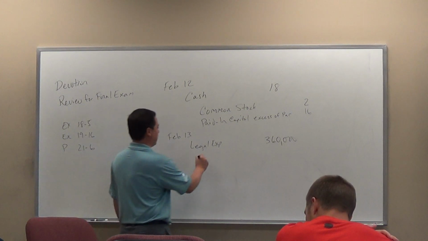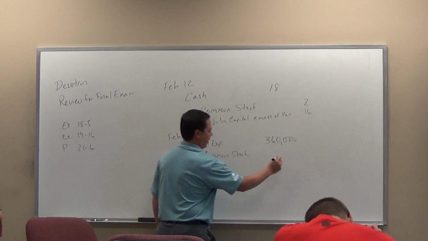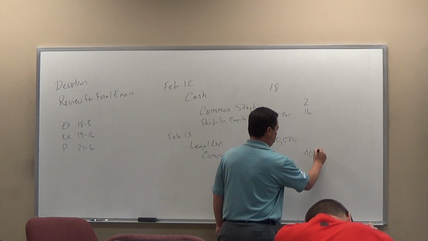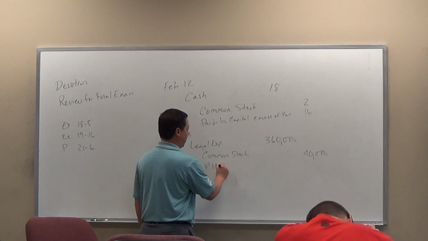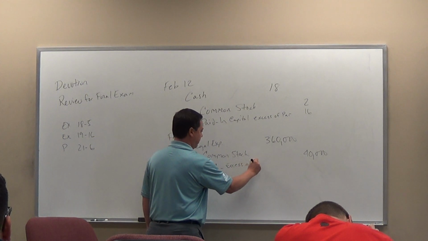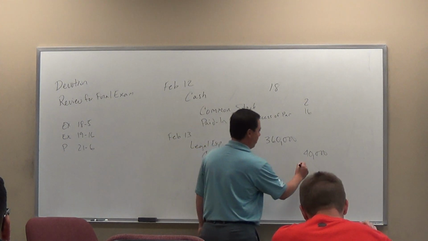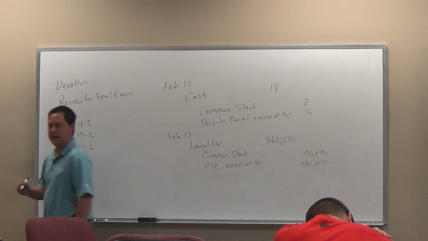All right. So we have common stock here, $1 par, so we have 40,000. And then paid-in capital, I'm just going to put PIC as an abbreviation. PIC means paid-in capital, and that's the excess there.